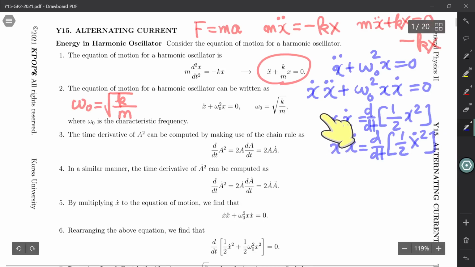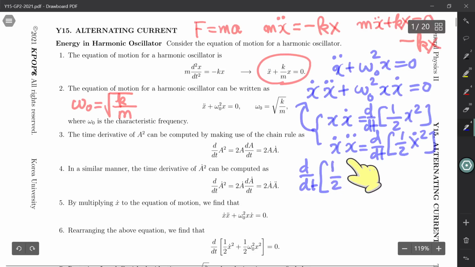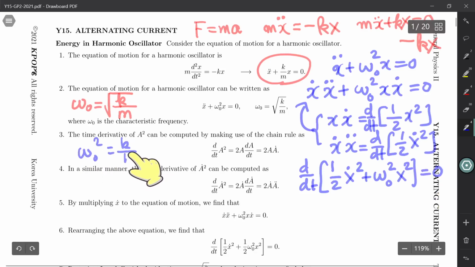Therefore, if we substitute these into this equation, then we find this equals 0. Because omega 0 squared equals k over m, we can rewrite this.